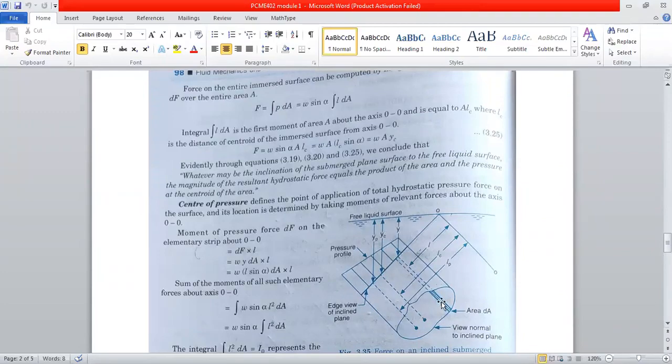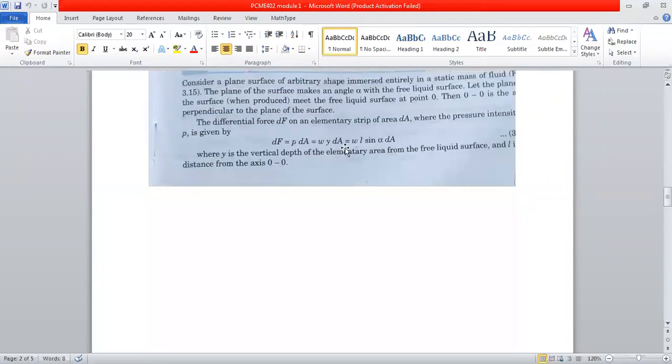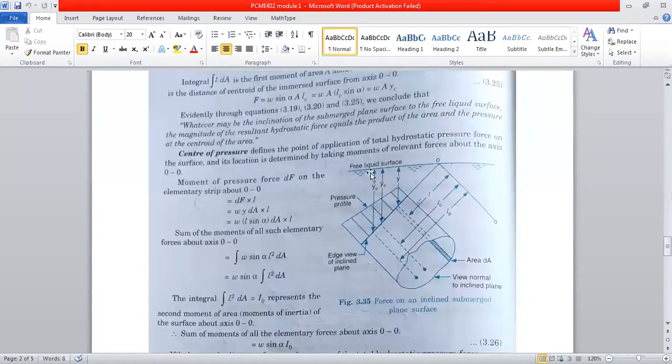So pressure at any point of the elementary strip would be rho g y. Do you understand this?